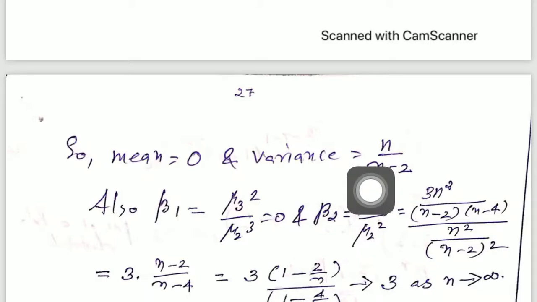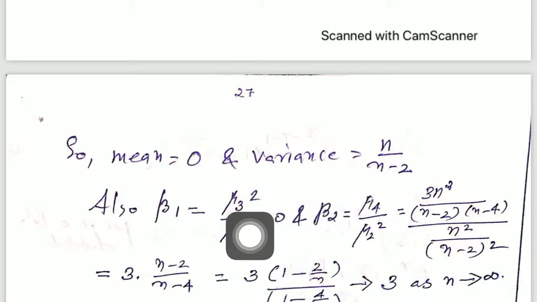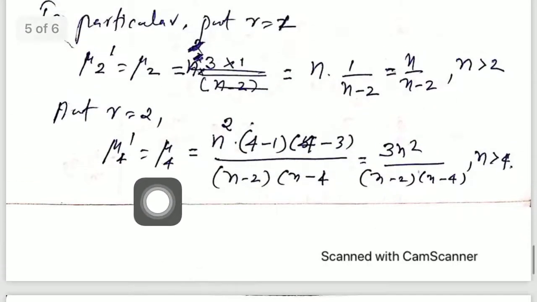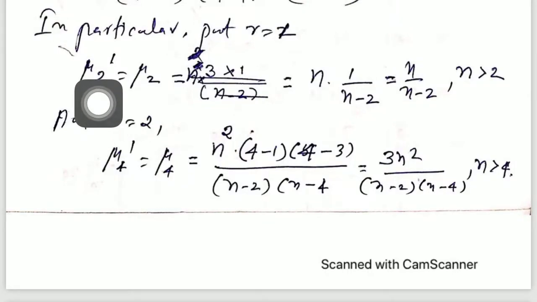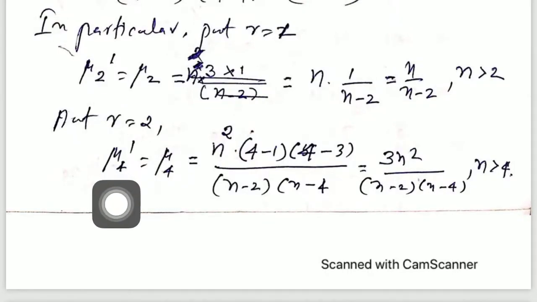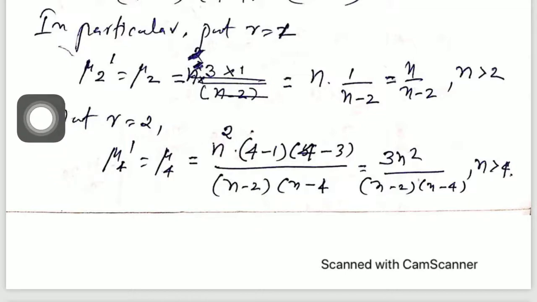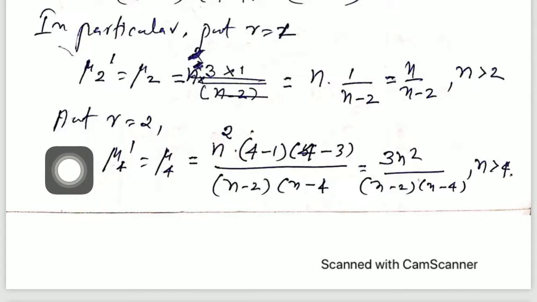Okay, and you are finding the moments. You can find mu 1, mu 2, mu 3, mu 4, etc., because you have found mu 1 dash, mu 2 dash, mu 3 dash, mu 4 dash, etc., where mu 1 dash equals 0, mu 3 dash equals 0, and so on.